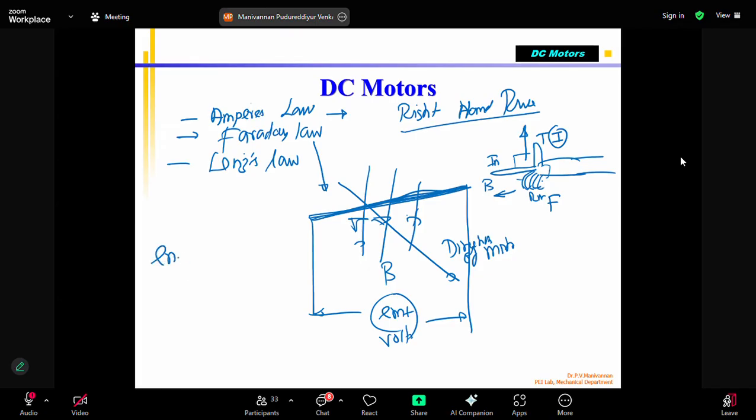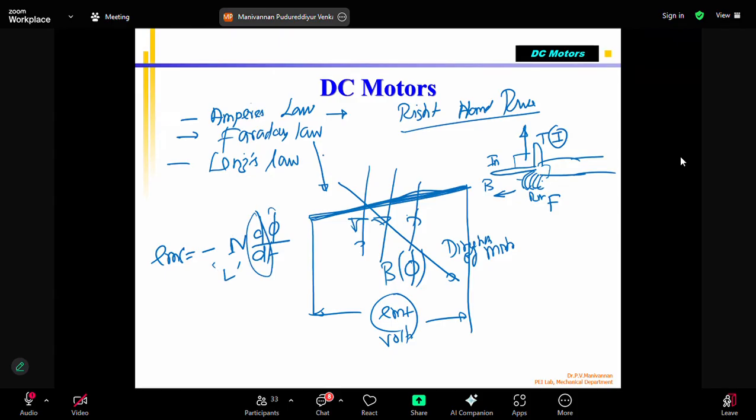So EMF induced equals minus N d by dt of phi, where phi represents the magnetic flux and N represents the number of turns, or the length of the wire.